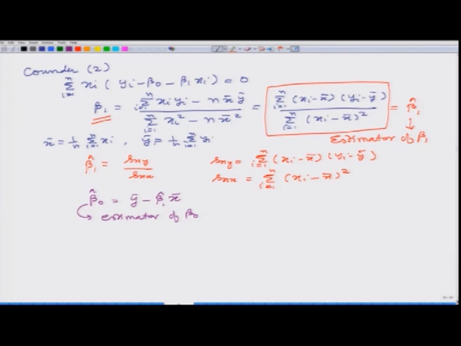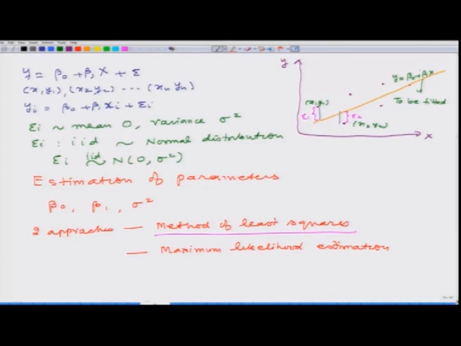Both this beta 0 hat and beta 1 hat have been obtained from the principle of least squares, where we have minimized the vertical distance between the observed values and the line, something like here you can see.